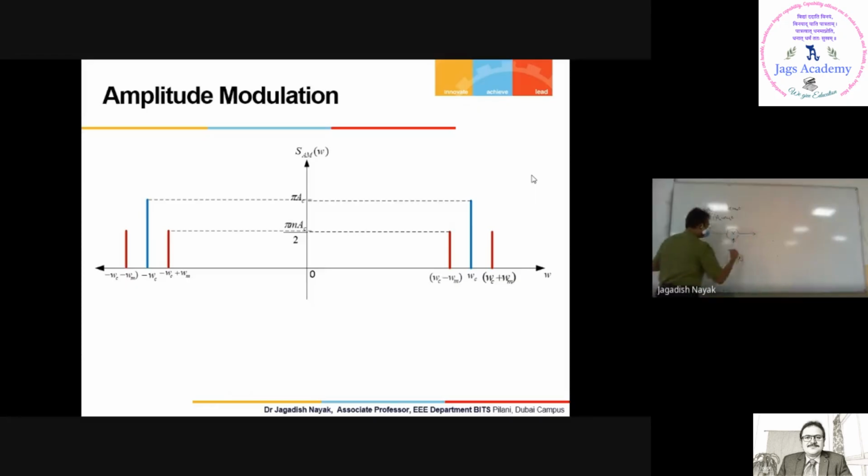You just have to multiply m of t and c of t. So what will you get here? You will get AC into AM cos of omega mt into cos of omega ct.